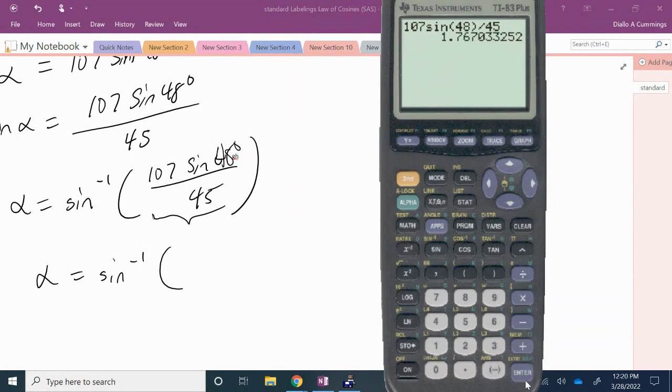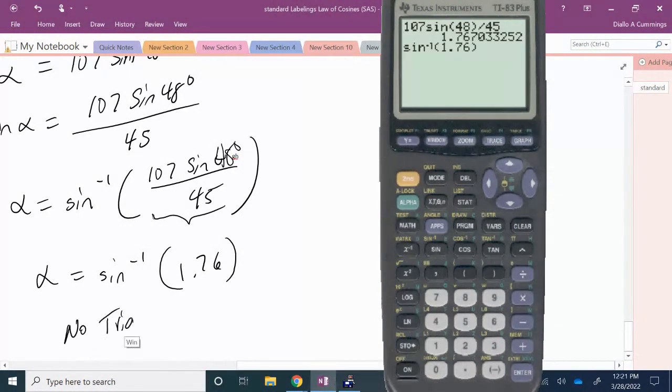And I get 1.76. We talked about how the sine value can't exceed 1 and can't be less than -1. So notice that when we evaluate the innermost part of this arc sine, we get something greater than 1, 1.76. Notice that we get an error. That alludes to the fact that this is a no triangle solution.